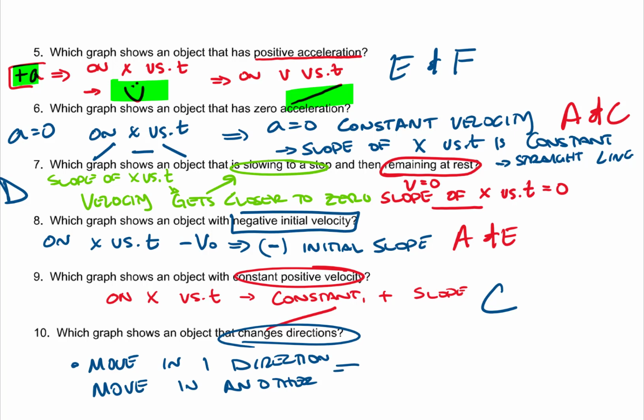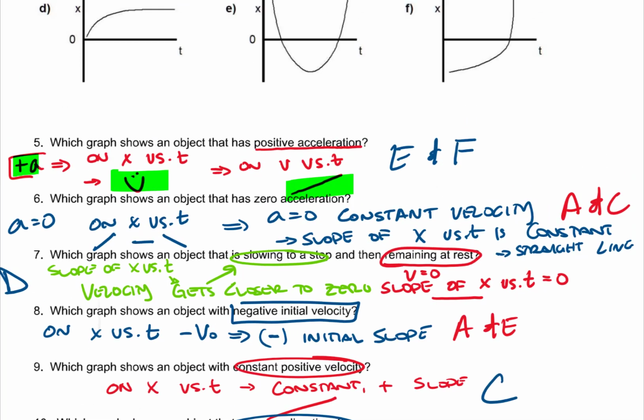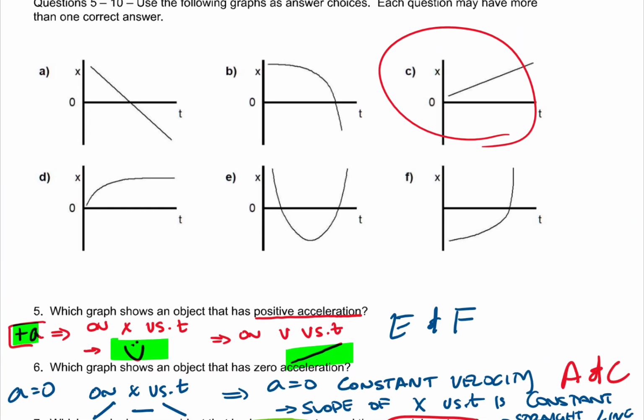So for the things that we have seen with that, that's changing direction on position versus time, because we were going up and then here we turned around and we went back down. Or this one, for that one we are moving down. Here we're going to turn around and move back up. So which one looks like one of those shapes? The only one we have is graph E.